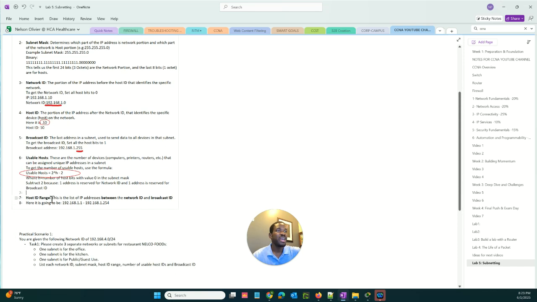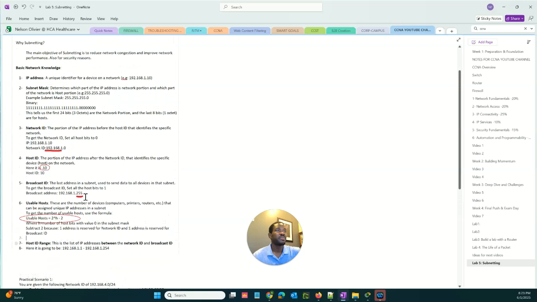The host ID range is the list of IP addresses between the network ID and the broadcast ID.